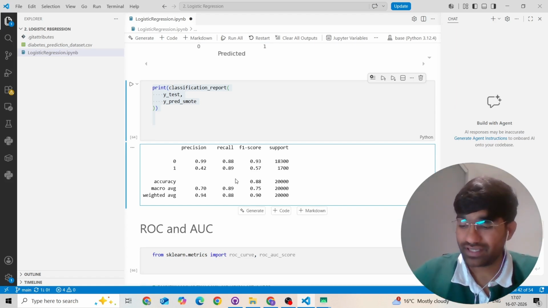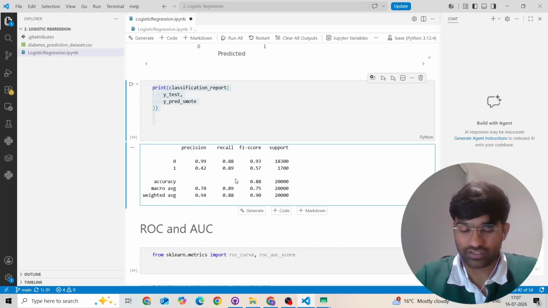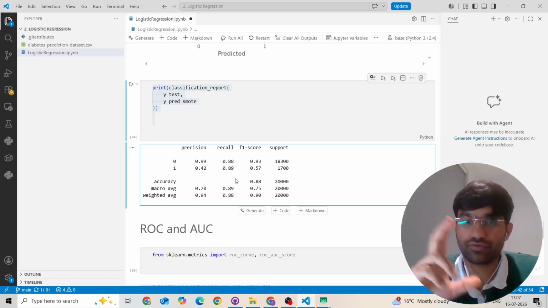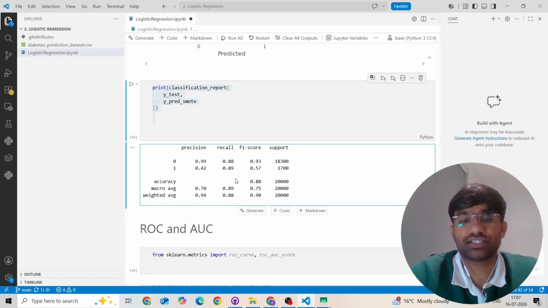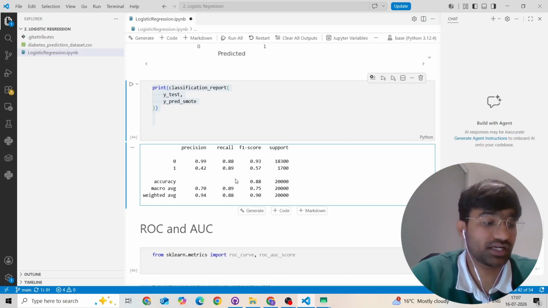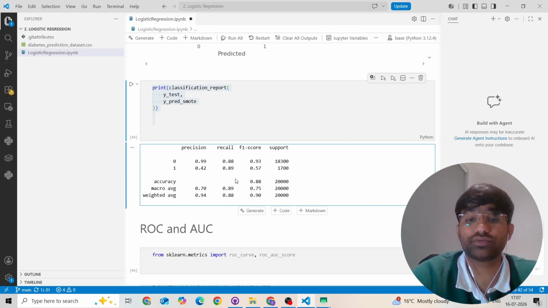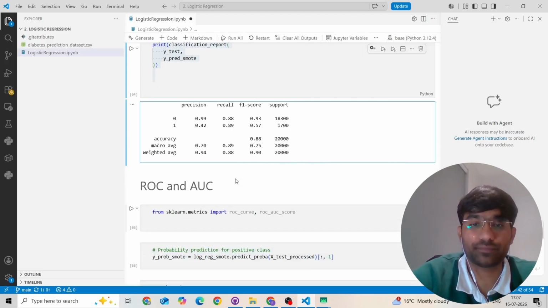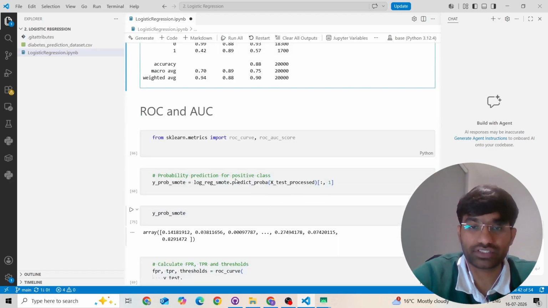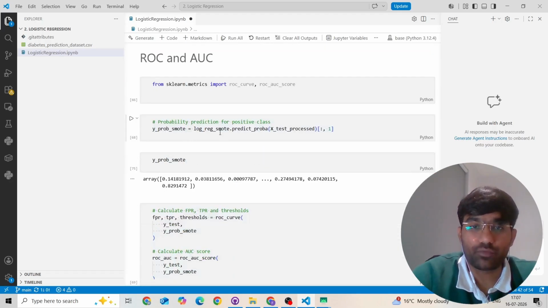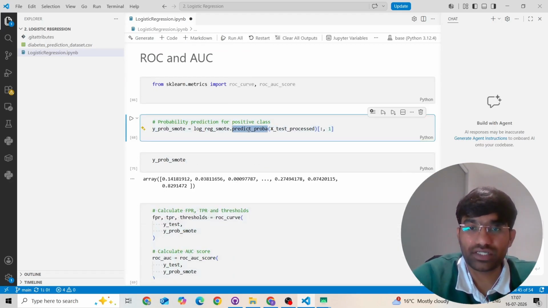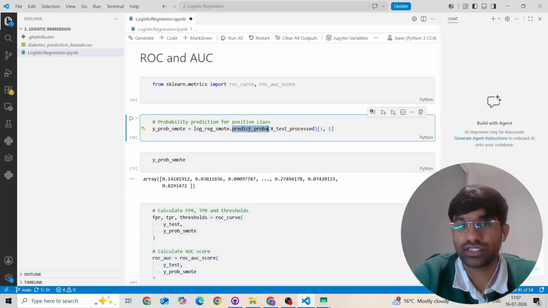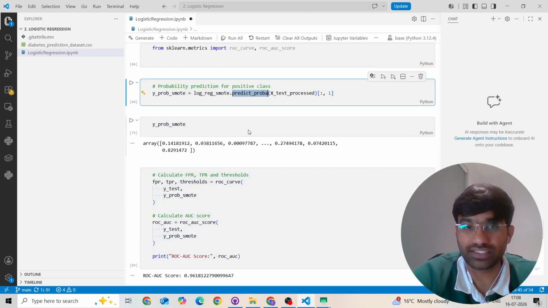ROC is not recommended here because we are focusing on recall. Just for the understanding of how the ROC looks and how you have to use the ROC-AUC, I have also applied it and demonstrated it. See, what I am doing is making the probability predictions. I have told you it is based on probabilities.